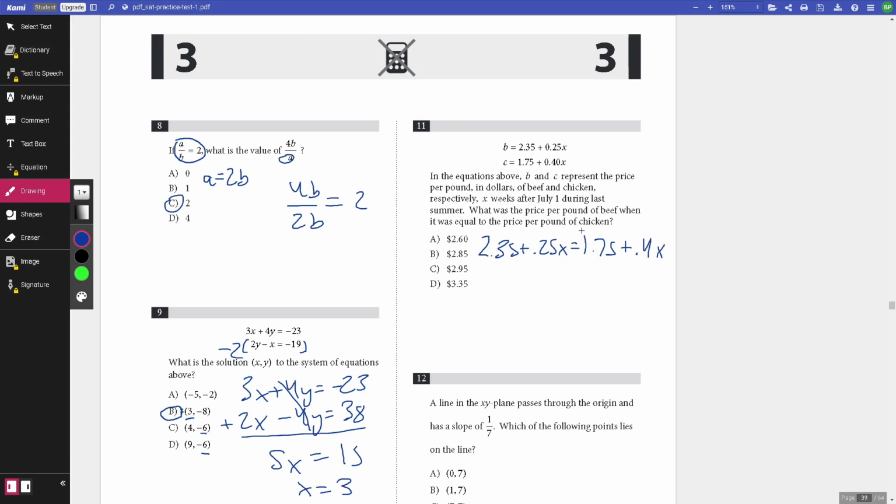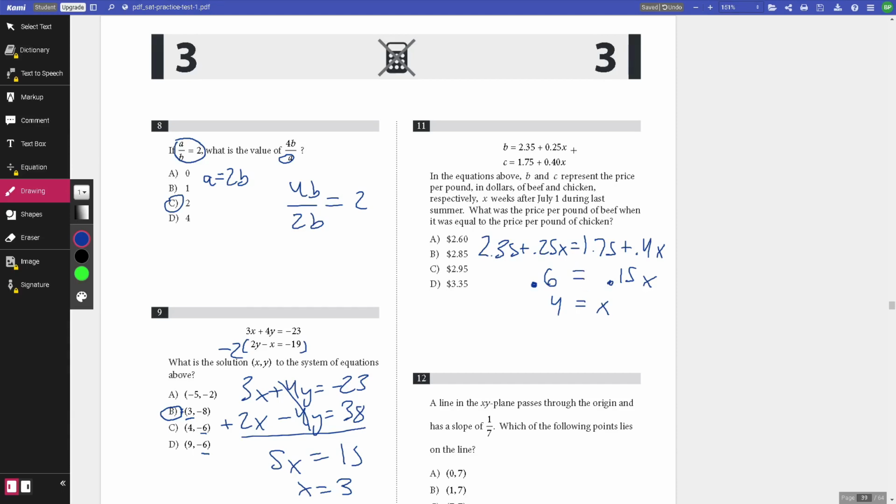Next we solve for x. So doing that, you subtract x on this side, so the coefficient of x can stay positive. You subtract this from this, and you get 0.6, and dividing by 0.5 you get x equals 4. So this is how many weeks, but we want the price.